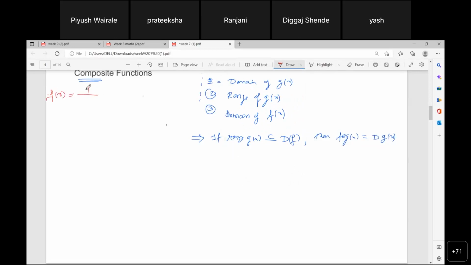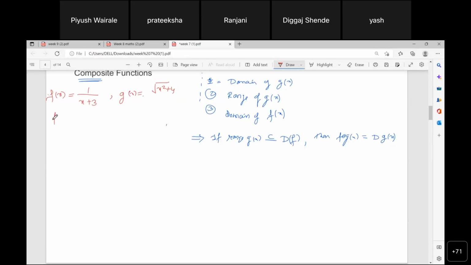It's visible, right, what I am writing in the red color? Let's say f of x is 1 upon x plus 3, and g of x is x squared plus 4. Now I want to find out the domain of g.